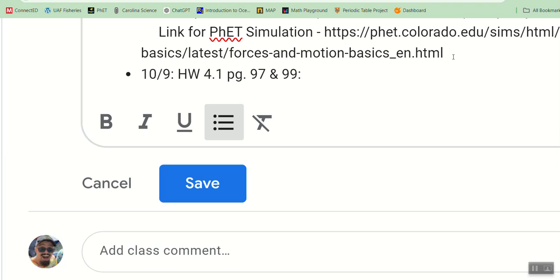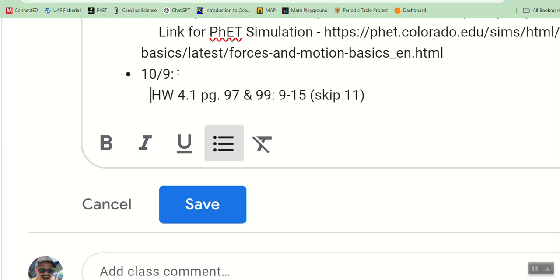If you just go to section 4.1, you would find the numbers that I'm about to give you. If you want to include both those, you can. You get the problems 9 through 15. But I want you to skip 11 because I'm pretty sure we did it. That is your homework.